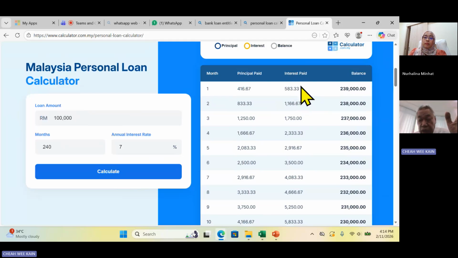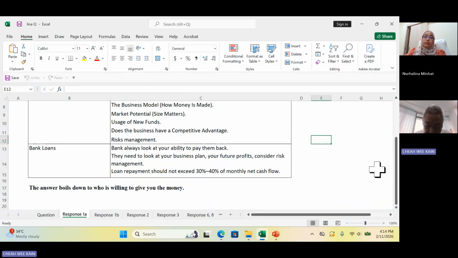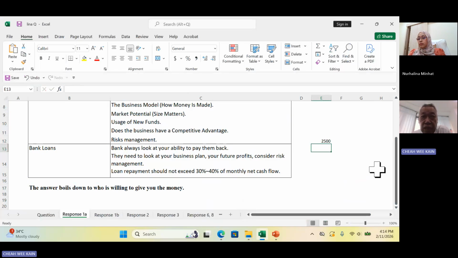If you take 1K divided by 0.4, you need to have net cash flow every month, 2,005. Okay, so you must have cash flow 2,005, then the bank will give you 100K for 10 years based on 7% interest.